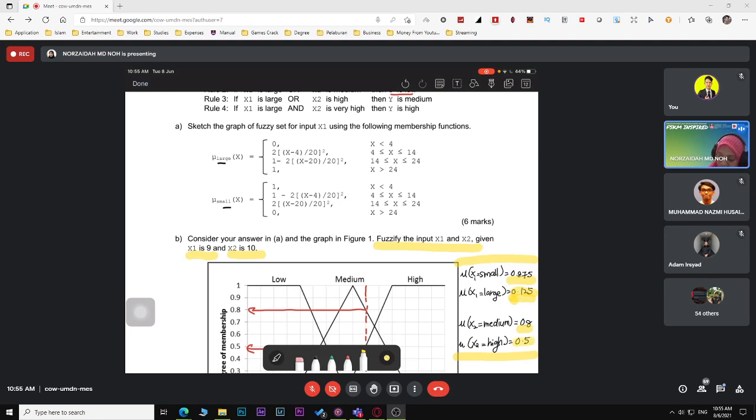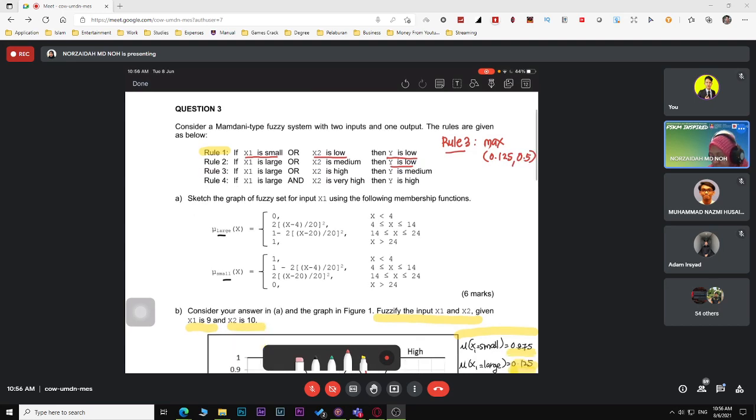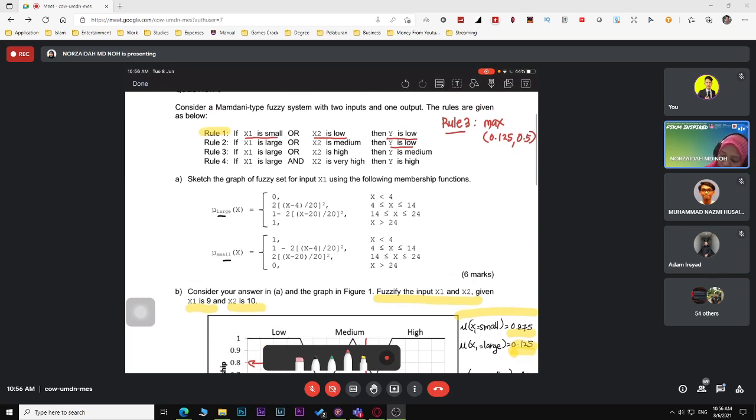Okay, so you akan cari maksimum antara 0.125 dengan 0.5. Okay, betul? Okay, so value mu, oh salah ni, cara tulis ni salah. Nanti kan you pun copy je.